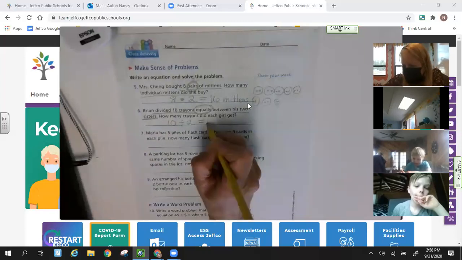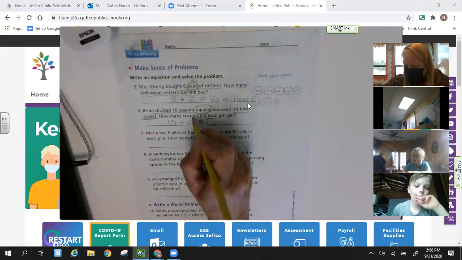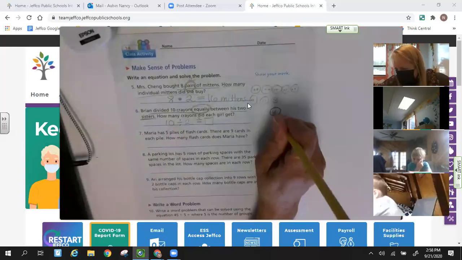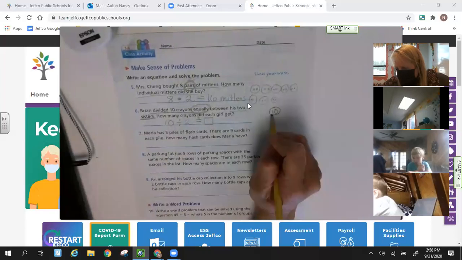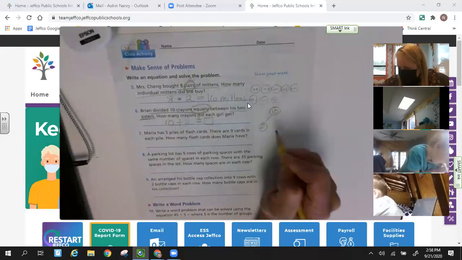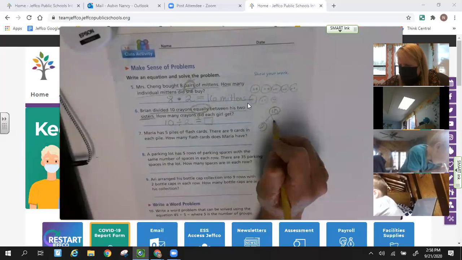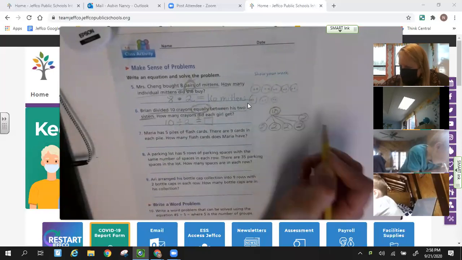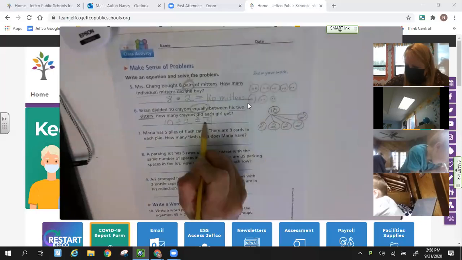What times 2 equals 10? Or think about it like this. How many 2s are in 10? Maybe we do an equal shares drawing. We have 10, and now we're going to write as many 2s as it takes to get to 10. 2, 4, 6, 8, 10. 1, 2, 3, 4, 5. What could these be? Crayons.